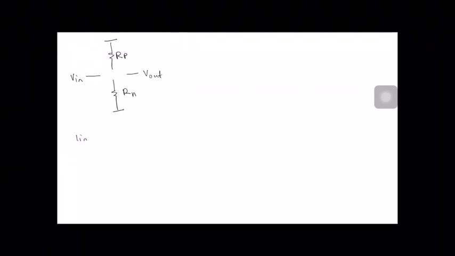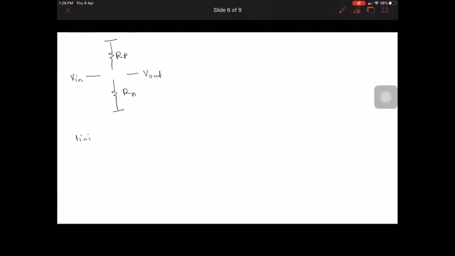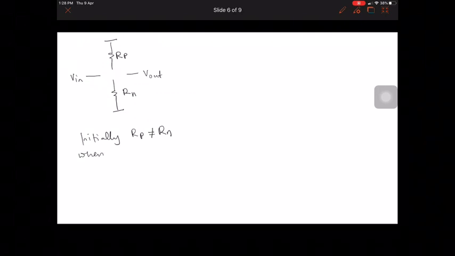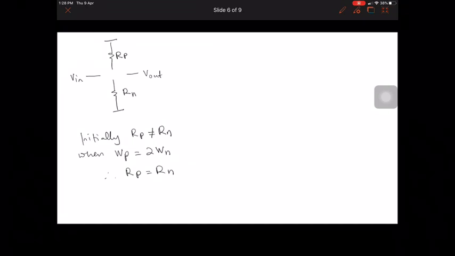Initially Rp is not equal to Rn, but when Wp equals 2Wn, therefore Rp is now equal to Rn. Okay, so now let's look at another example.